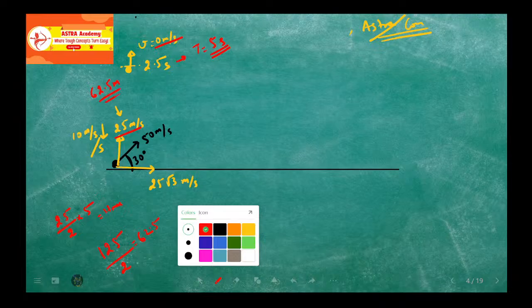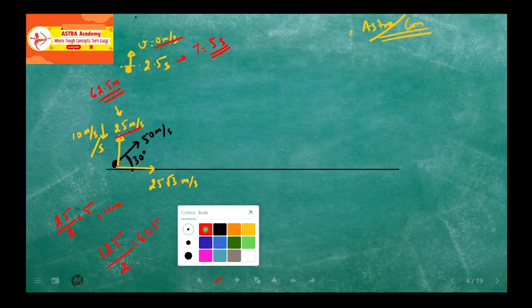Deliberately, I have taken data like this, because I want you to understand that it is not necessary that the author or the examiner will always ask questions in which the data is easy.